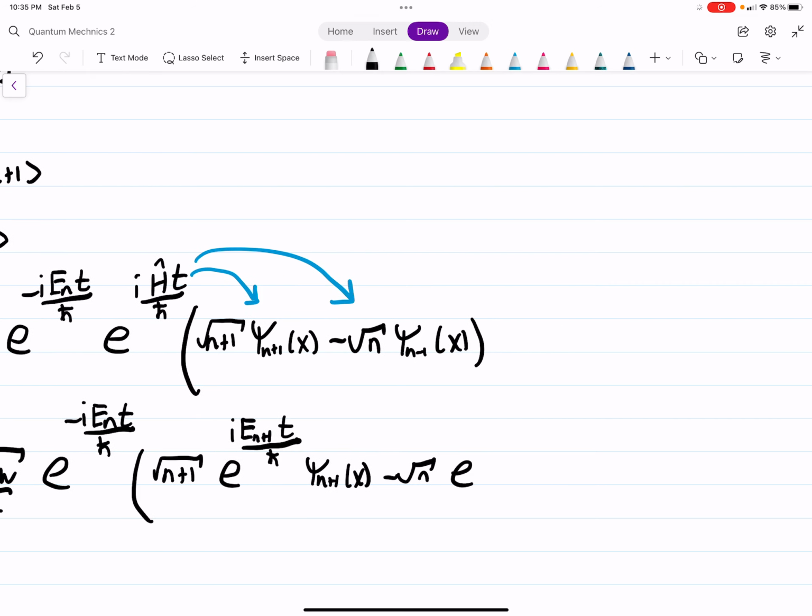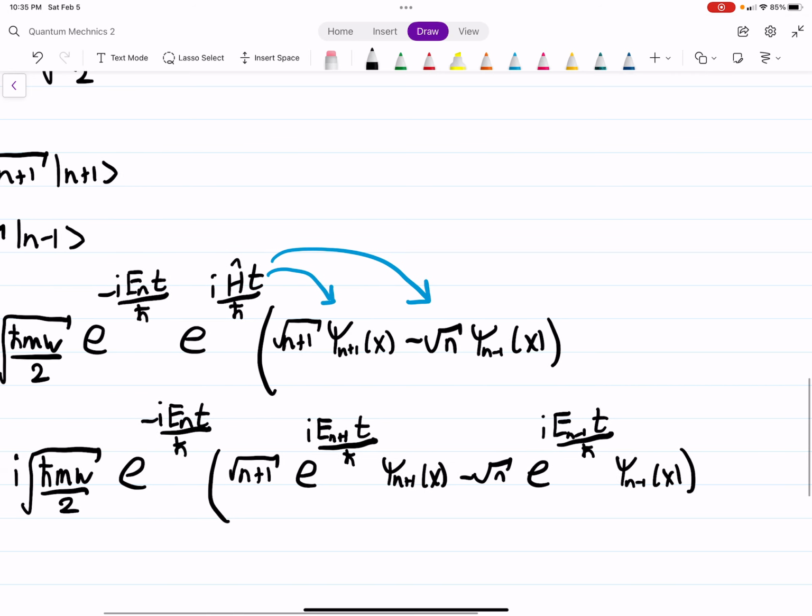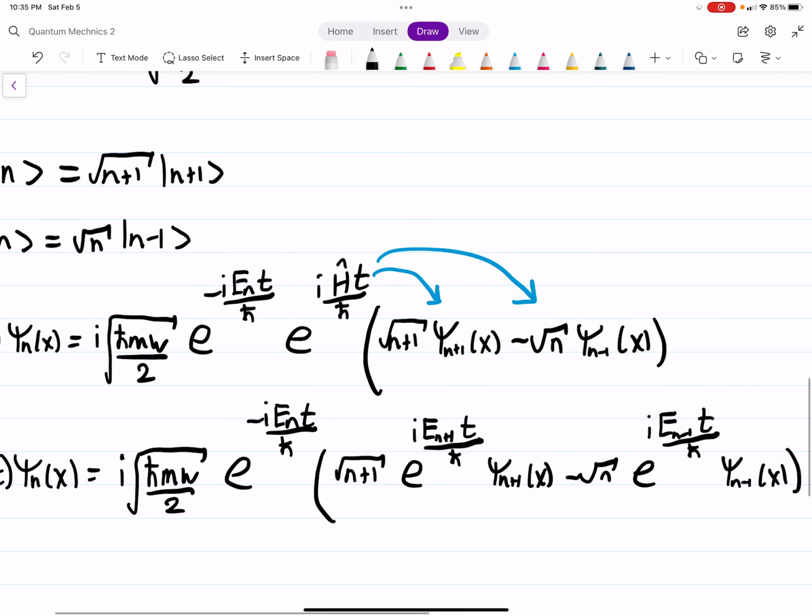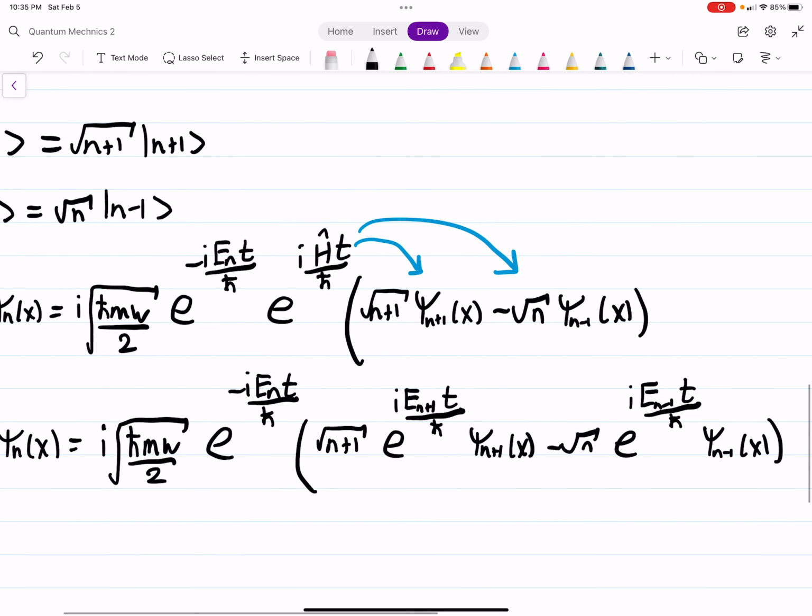And i e to the n minus 1 t over h bar, and this other state back. Okay, so that's just the Hamiltonian operating on the wave state there.